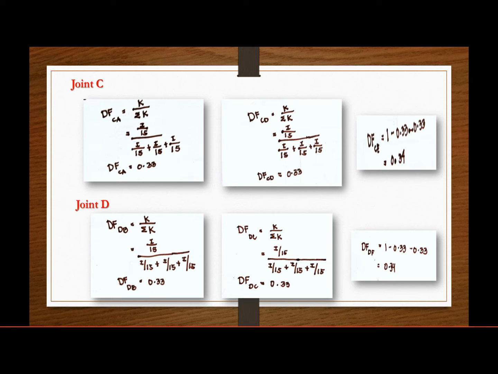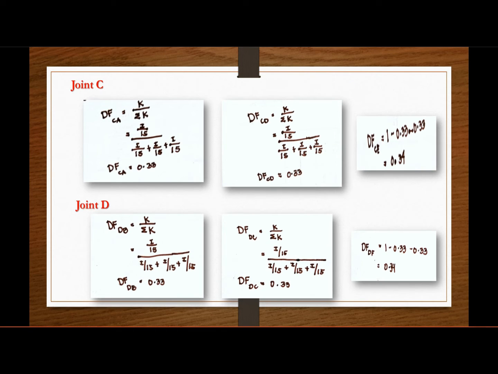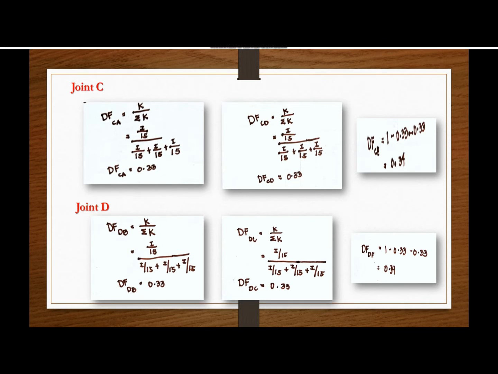Our summation of stiffness is of three members, so we add inertia over 15 three times. The factor of DB is equal to 0.33, the same as the distribution factor of DC, which is 0.33.